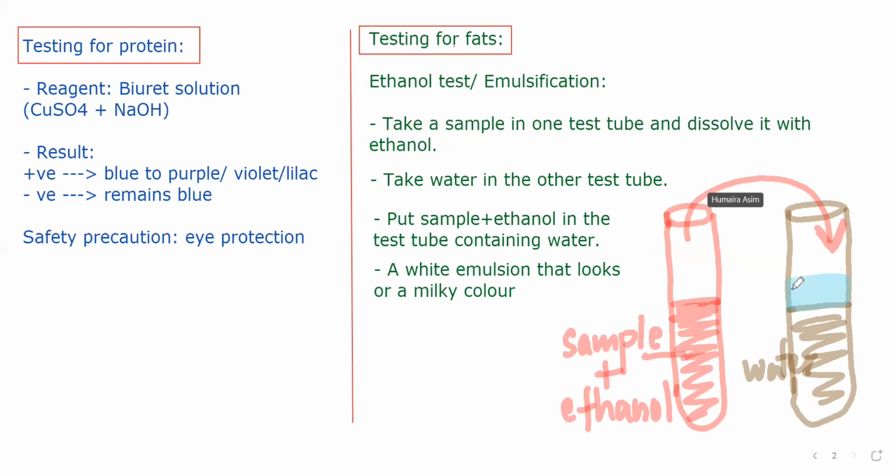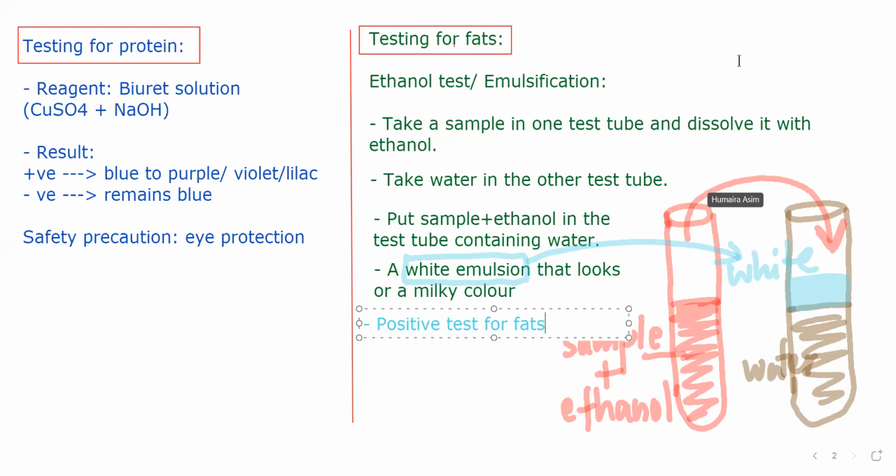This is what I am referring to, your white emulsion. Let's conclude it. So this is going to be the positive test for fats. It means formation of this white emulsion is the positive result for fats.